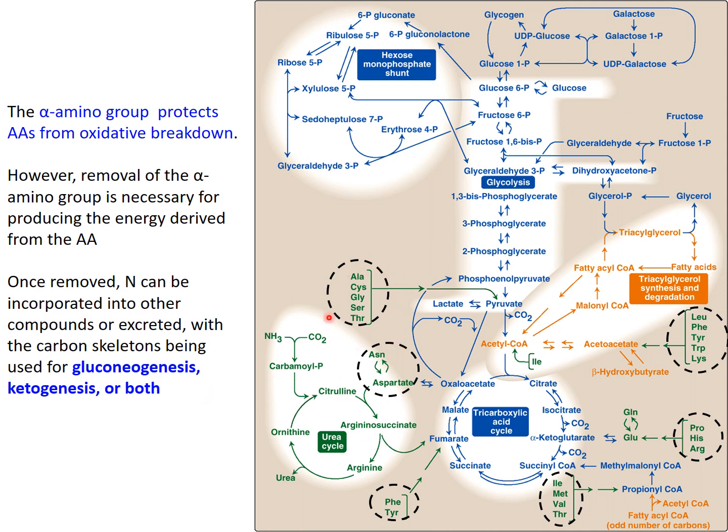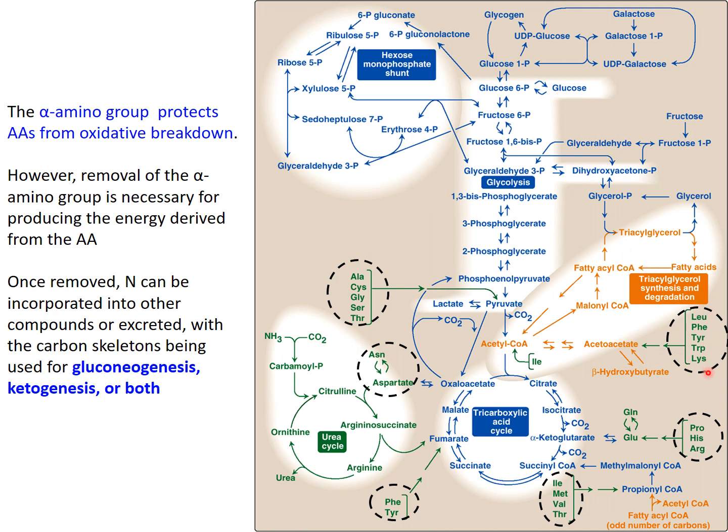So let me remind you that there are these amino acids here, and what you see to be converted to pyruvate or oxaloacetate, or part of the chain of these amino acids to fumarate or succinyl coenzyme A or alpha ketoglutarate, so either to pyruvate or part intermediates of the Krebs cycle, we can use them to produce glucose.